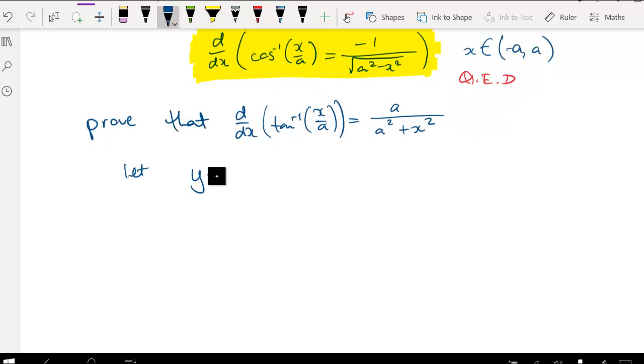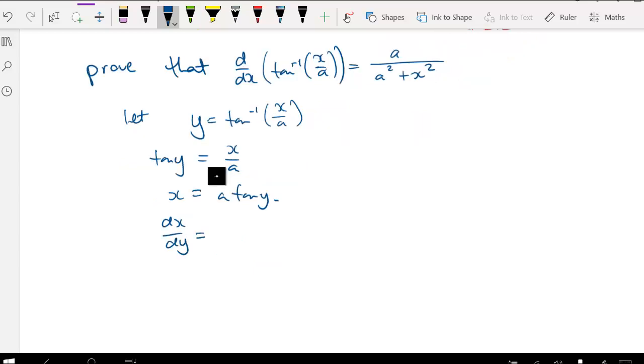We'll let y equal arctan(x/a), and therefore tan y is equal to x/a, and x is equal to a tan y. dx/dy, so the derivative with respect to y, will be a multiplied by 1/cos²y, and of course that means a sec²y.